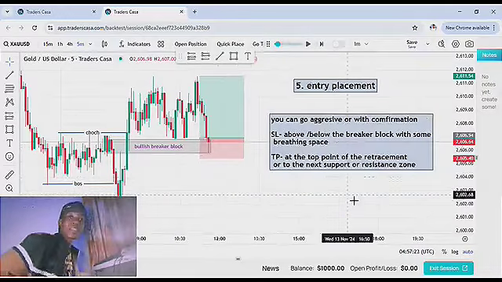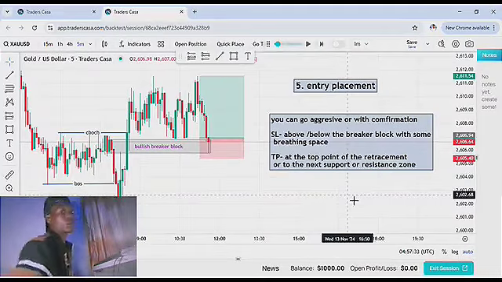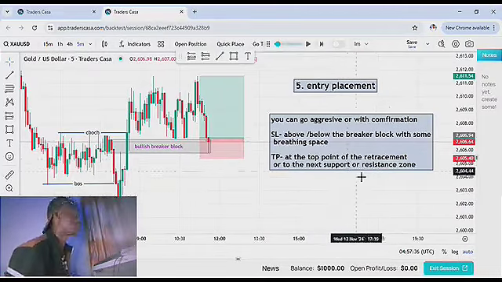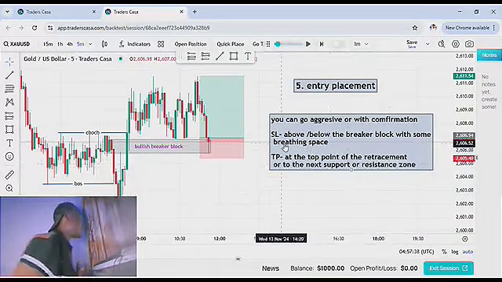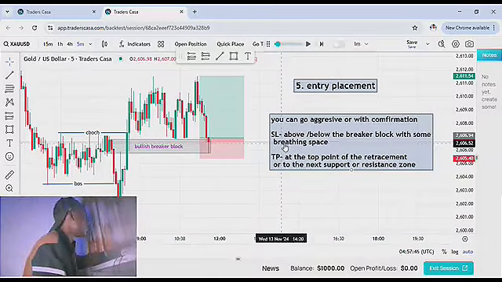So guys, this is the entry method. If you want to enter, you can go aggressive or conservative based on your confirmation or based on your analysis. But if you want to trade it in the right way, you shouldn't just tighten your stop loss like this.